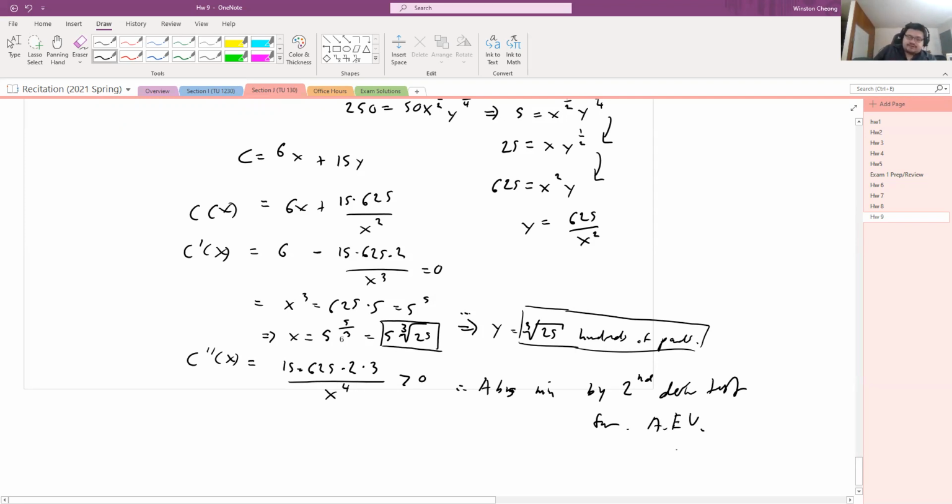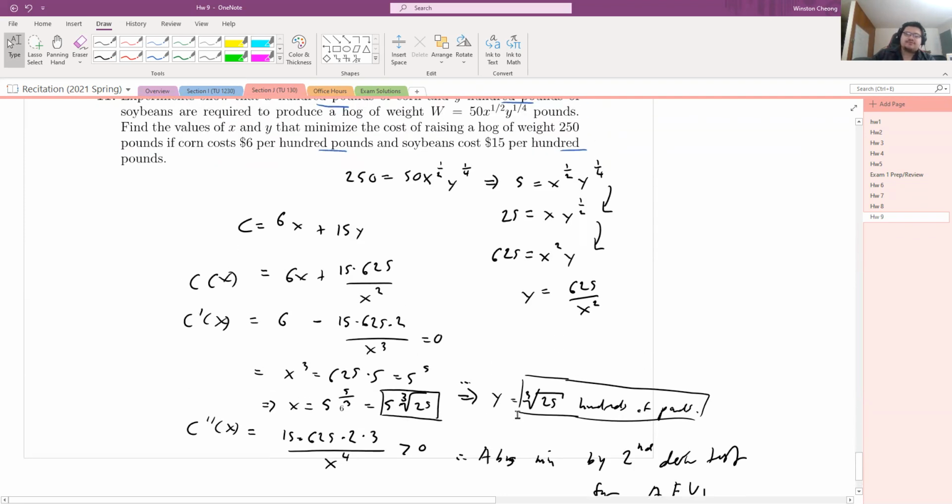Okay, so that's our justification. That's why we know that this corresponding x value, which gives rise to this corresponding y value, corresponds to an absolute minimum for cost. Well, it's by the second derivative test. Okay.